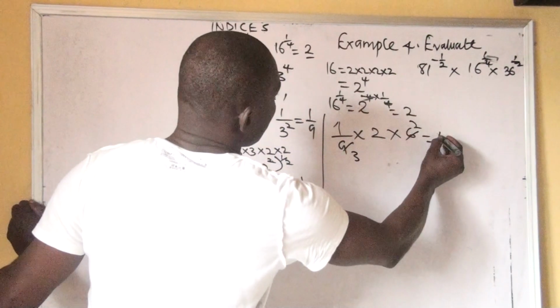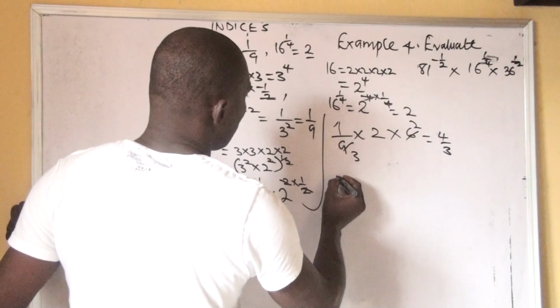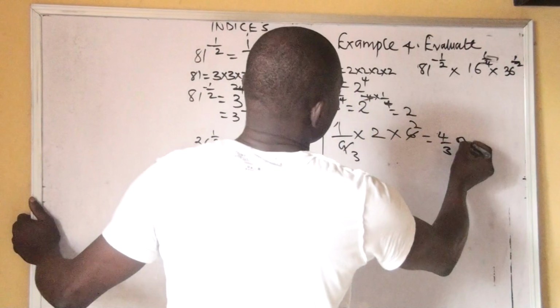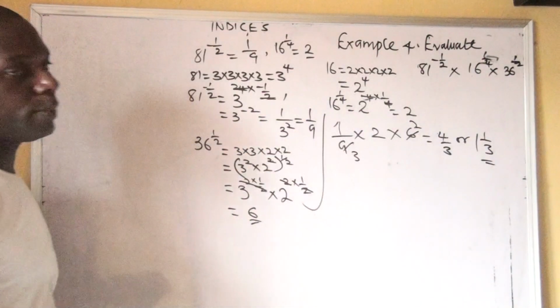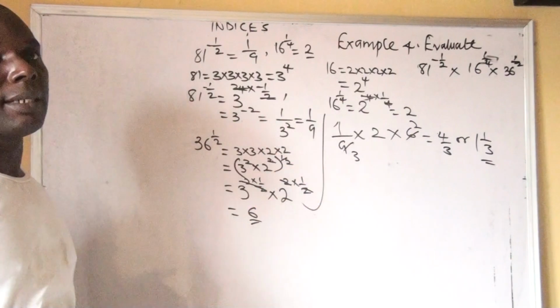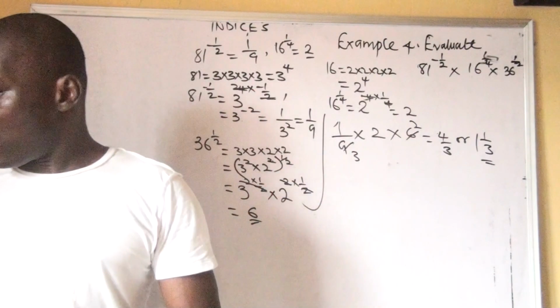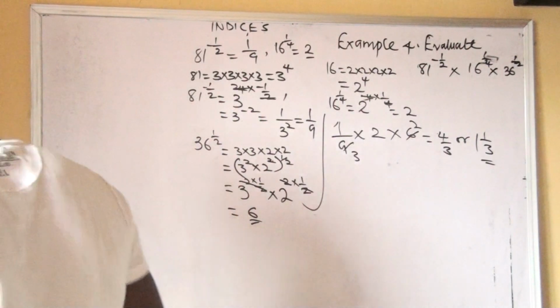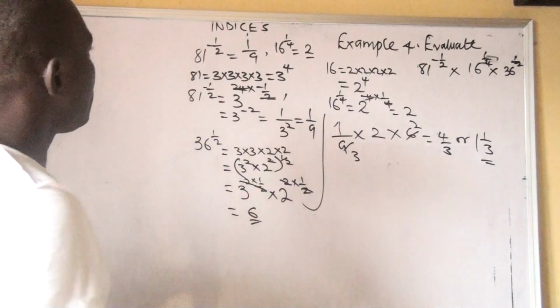So here we have 4 over 3, which is the same thing as 1 whole number, or we can say it's 1 whole number 1 over 3. So the whole of that expression is equivalent to that. Okay, let's take more examples on the indices.